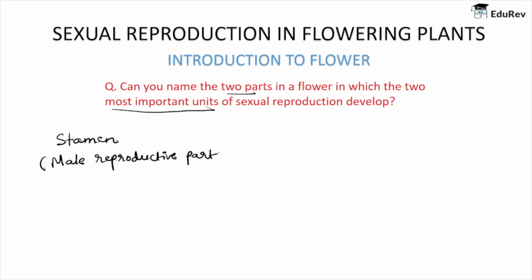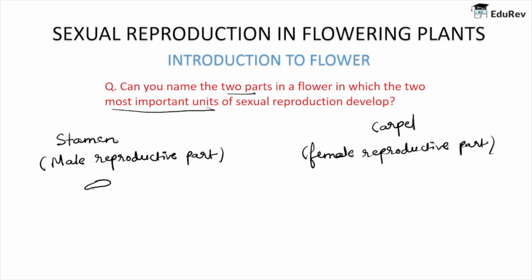And second one is the carpel, and carpel is the female reproductive part.